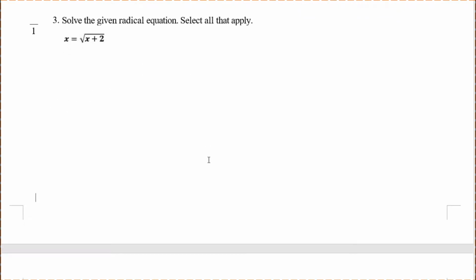All right, solve the given radical equation. So now we just want to solve this guy. So we're going to get rid of the square root by squaring both sides. Okay, so I'll write it out here. So we just have x squared on the one side.